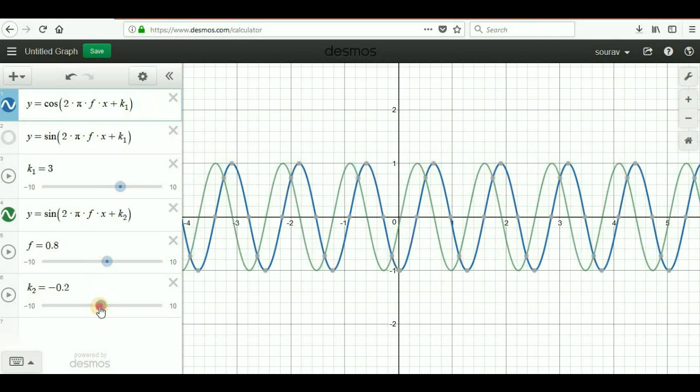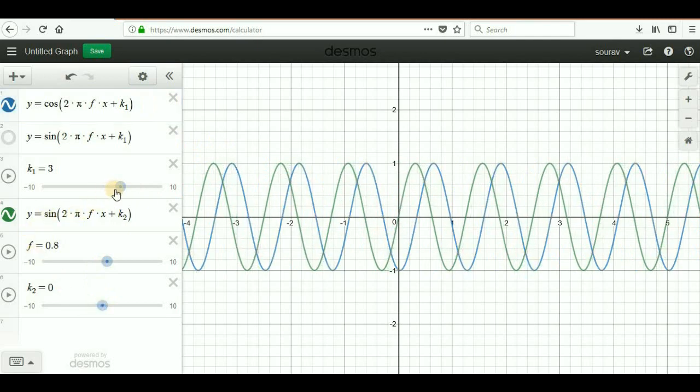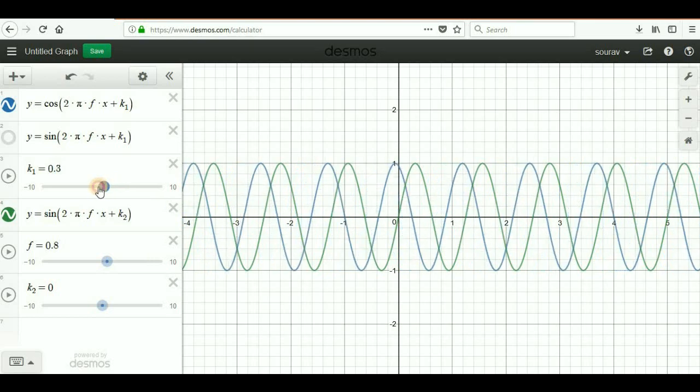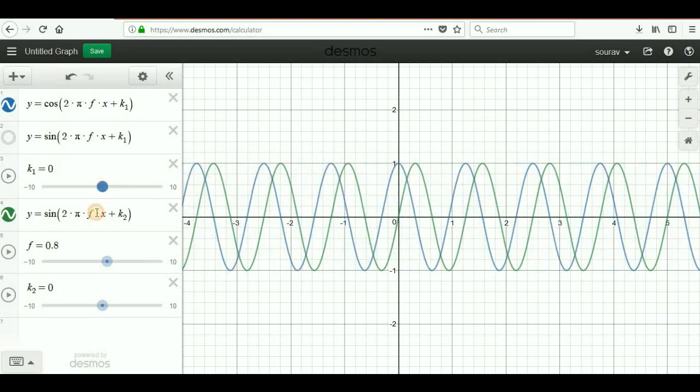Sine starts from 0 and cos starts from, I mean, cos starts from the highest value. Even though both the phases are the same, the functions have their own phase difference of 90 degrees. So cos is similar to a sine shifted by 90 degrees, isn't it?